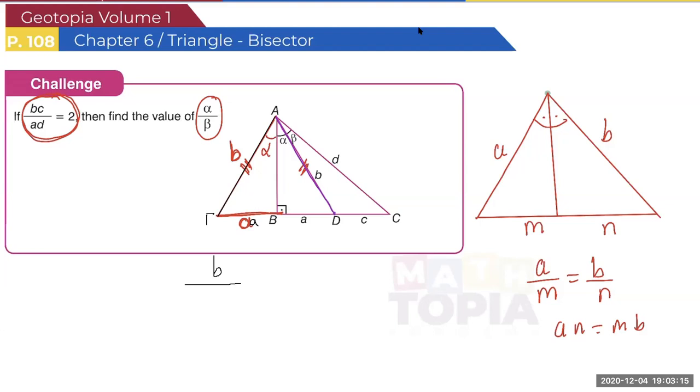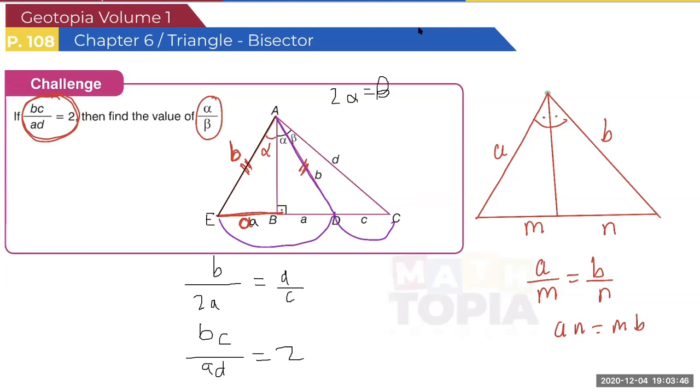If it did bisect this angle EAC, then B over 2A would be equal to D over C. And we can see that that is the case, because if we rearrange things, we get exactly the given. Wow, that means this AD is an angle bisector, right? Yes. Then 2 times alpha is equal to beta. Wow, what a problem. Alpha over beta would be.